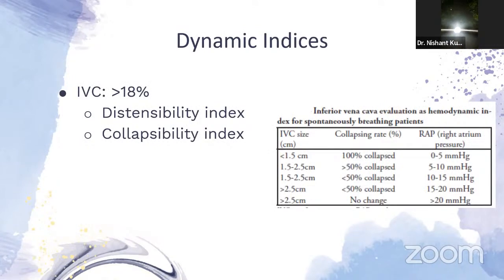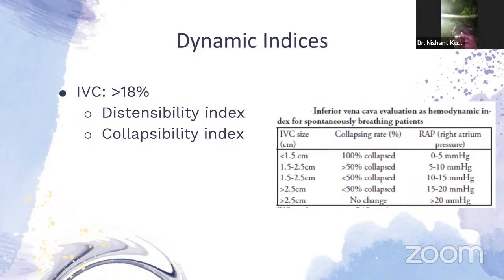So if we just see the IVC diameter, that is a static measure. Okay, it is collapsible, not collapsible. There is no interaction with the respiration. But when we see the distensibility and the collapsibility index in spontaneously and mechanically breathing patients, an IVC distensibility or collapsibility index of more than 18% tells you that the patient will or may benefit with administration of fluids.